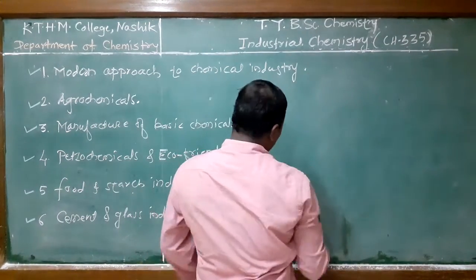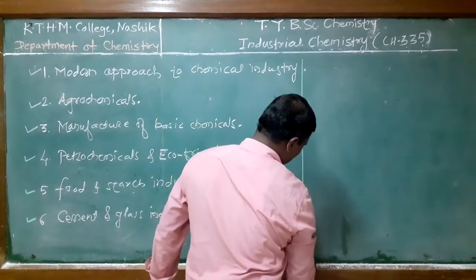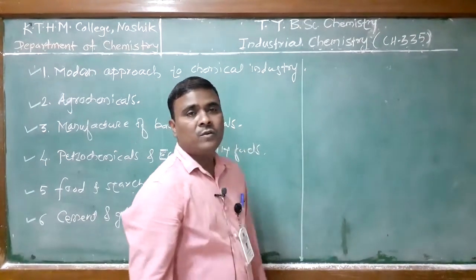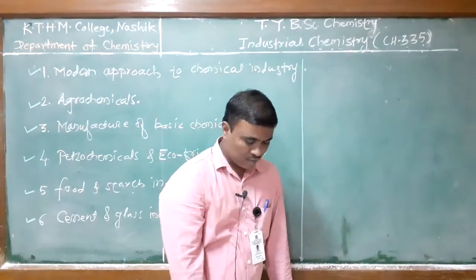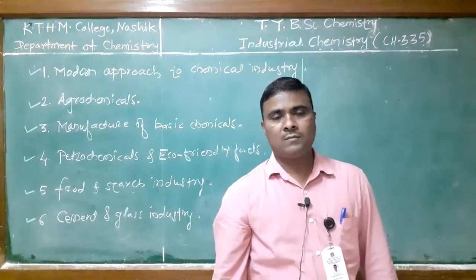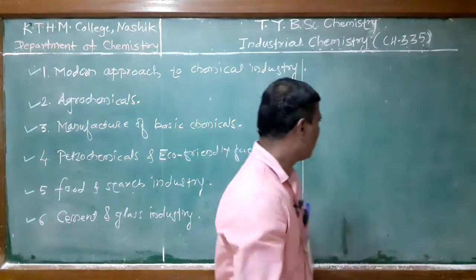So industrial chemistry deals with manufacture of products through the physical and chemical operations. So simple. What?